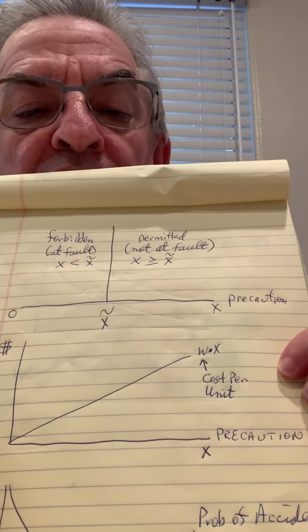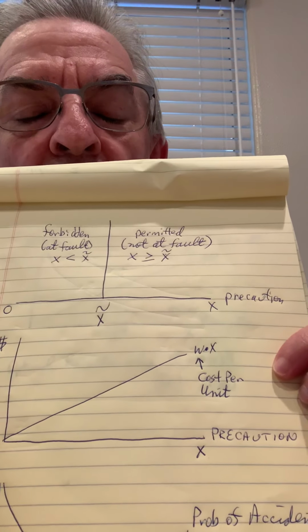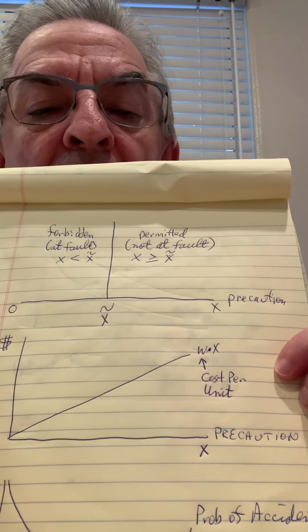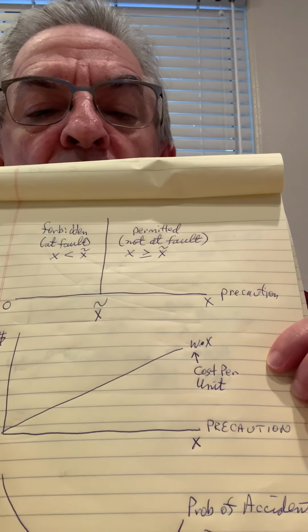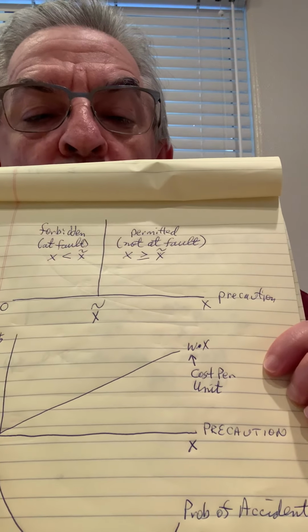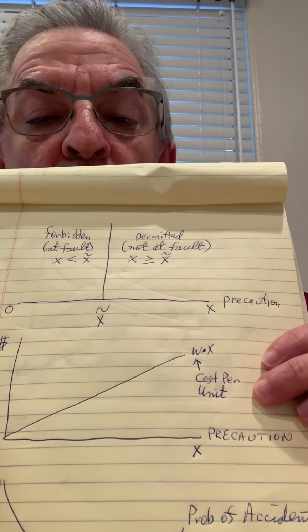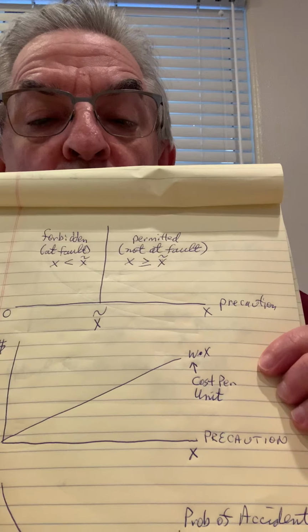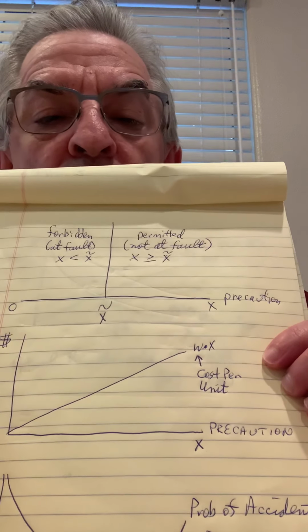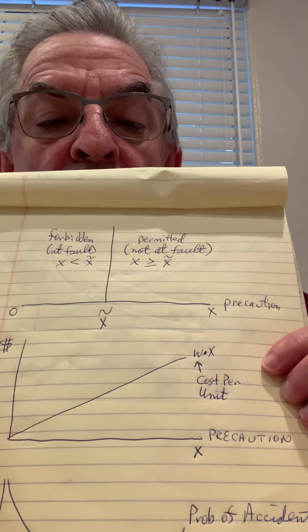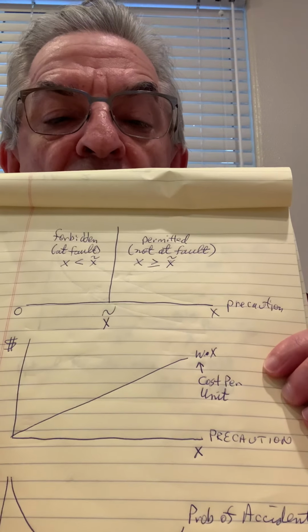Once again, we've got precaution on the horizontal axis, which we denote by the letter X. We've got dollar signs because we're measuring economic value on the vertical axis. And so we've got the cost associated with precaution, which is going to be W times X. W is some sort of per unit cost of precaution.